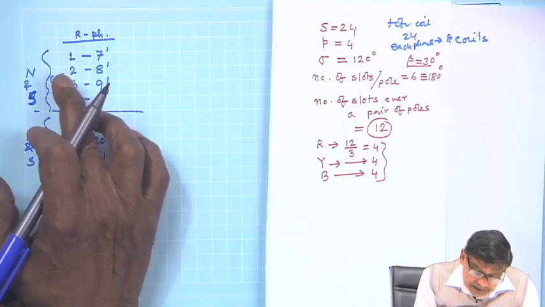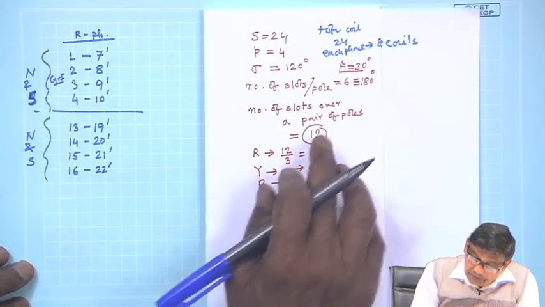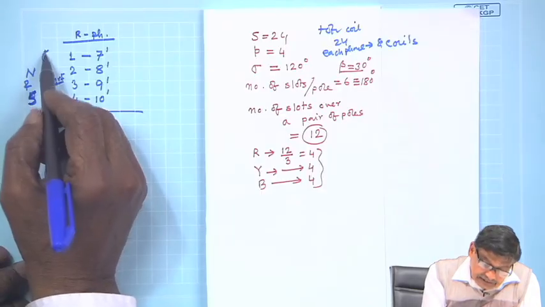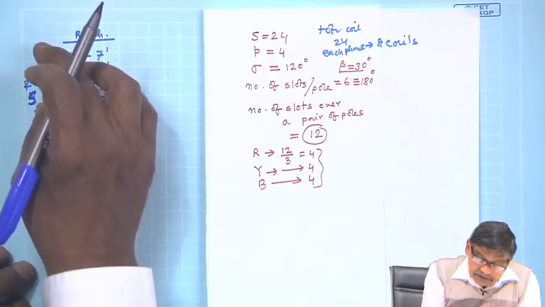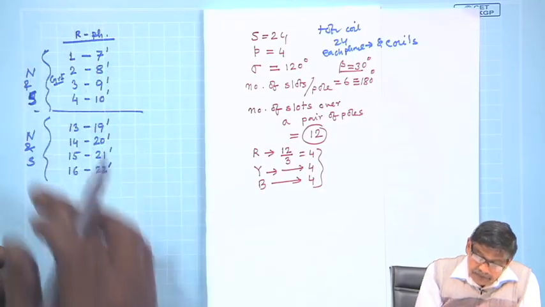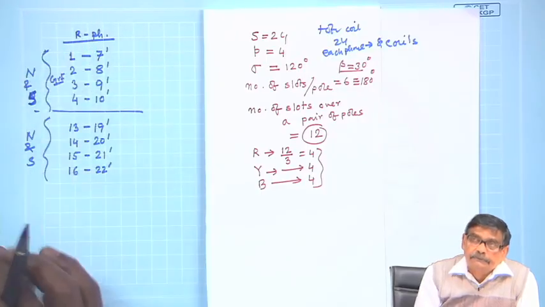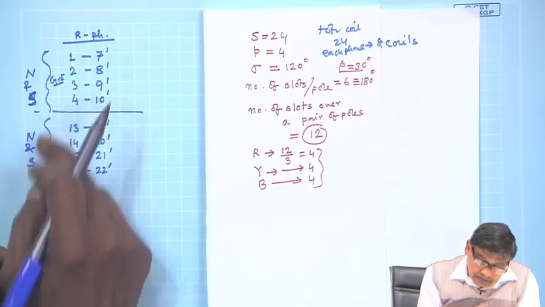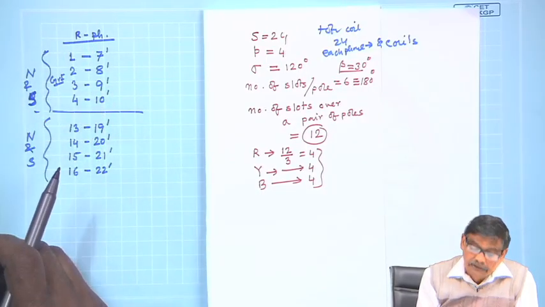I am repeating. See, that number 4 I have got over. This length covers a pole pair, and this length covers another pole pair.